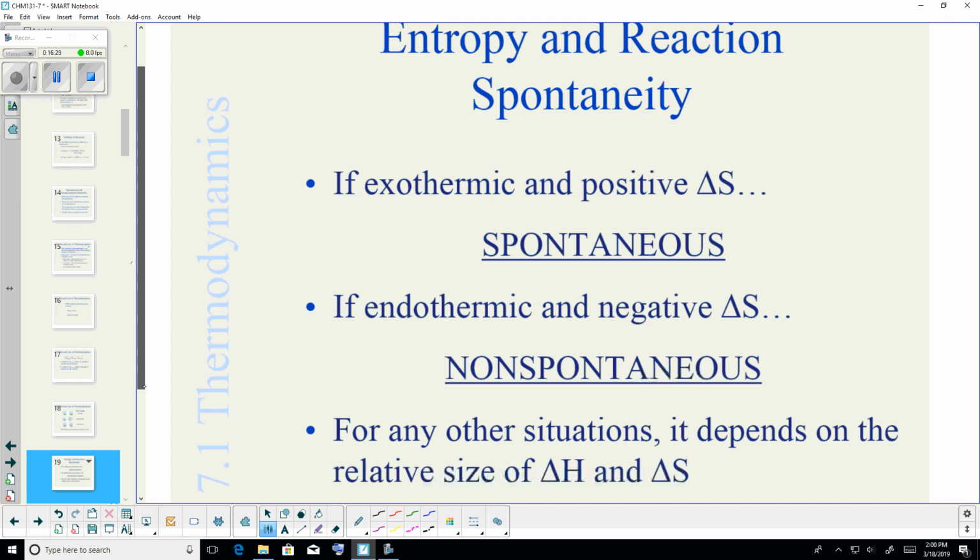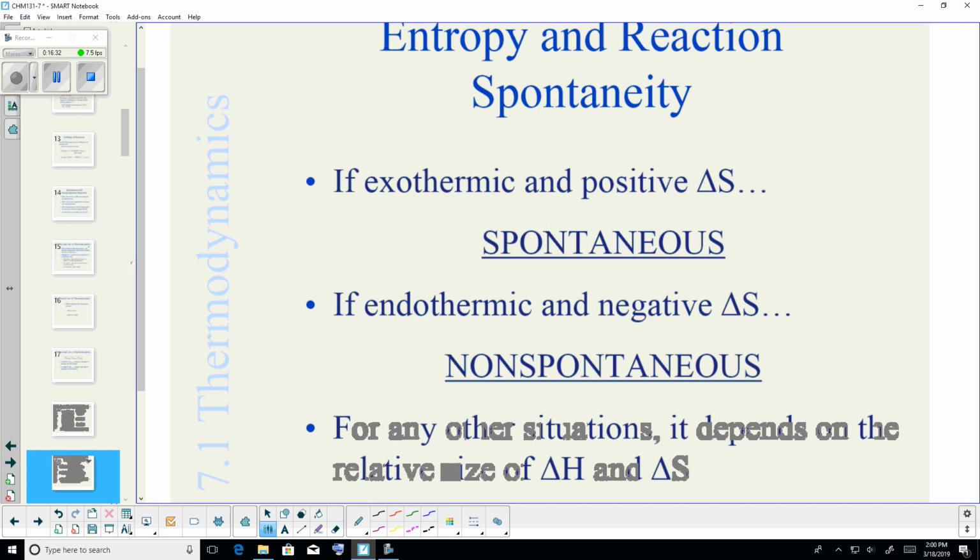So, if we look at this, it's exothermic and positive S. So if I look at delta H and delta S, if I have exothermic, what's the sign of delta H? Negative. Positive entropy, delta S would be positive. So those are spontaneous.